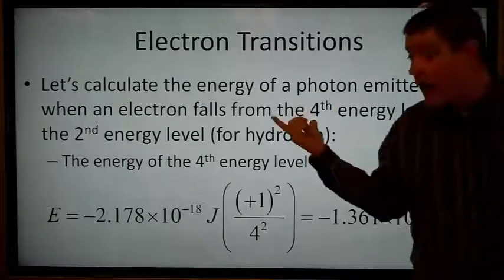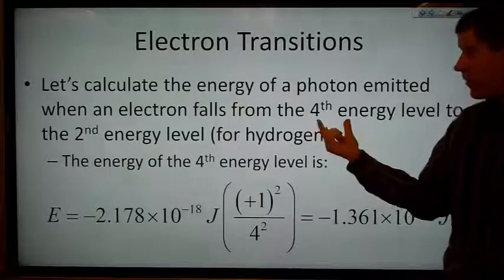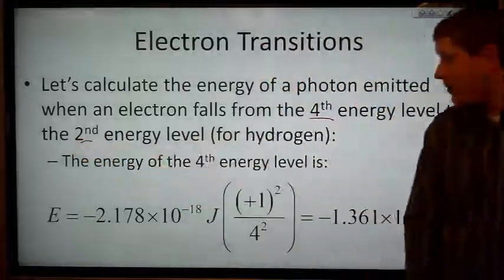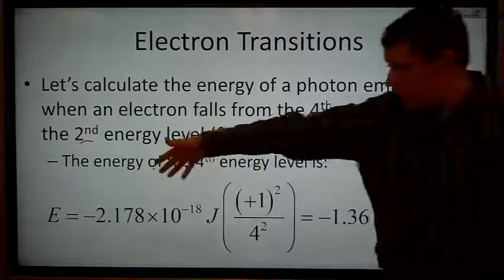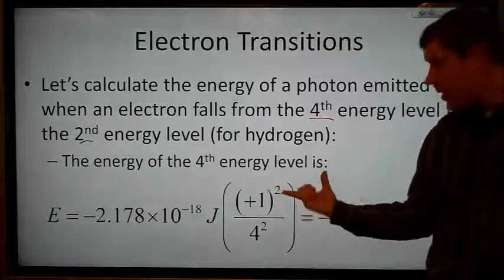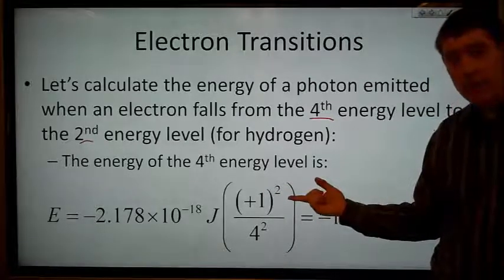So, let's go ahead and calculate the energy of a photon emitted when an electron falls from the fourth energy level down to the second energy level for hydrogen. So the energy of the fourth energy level is, again, our quantity, 2.178 times 10 to the minus 18th joules, times the Z value. Z for hydrogen, again, is the number of protons.